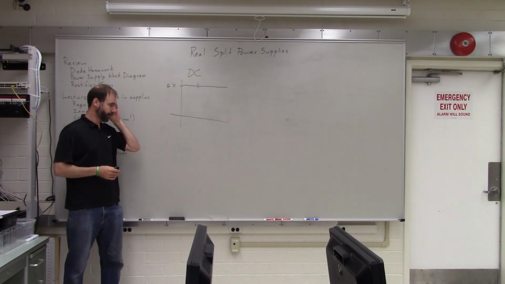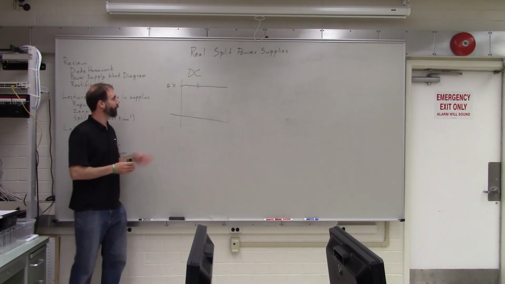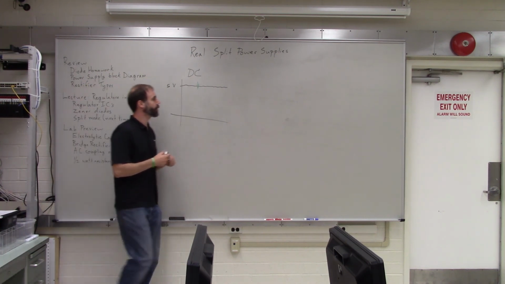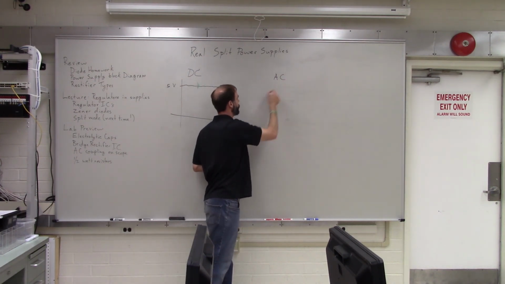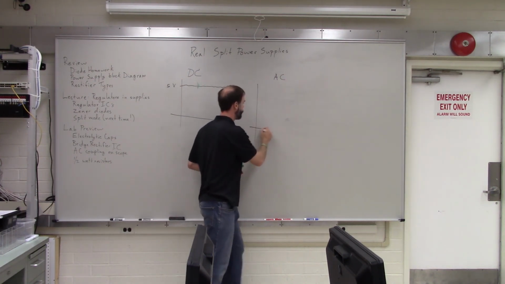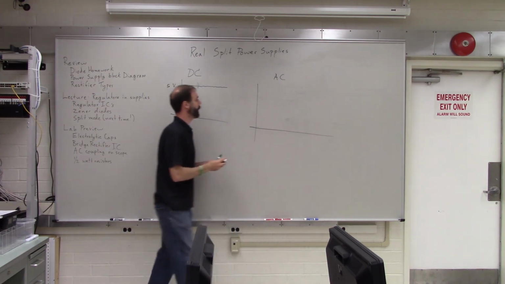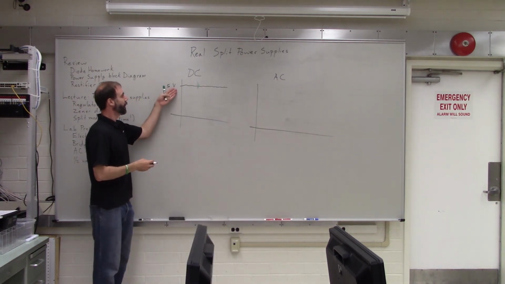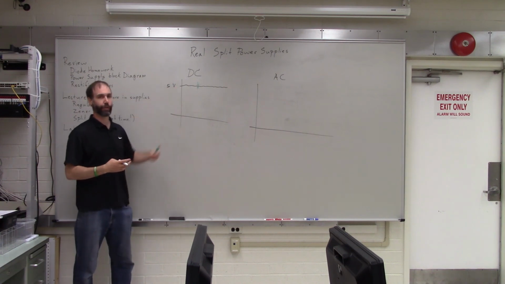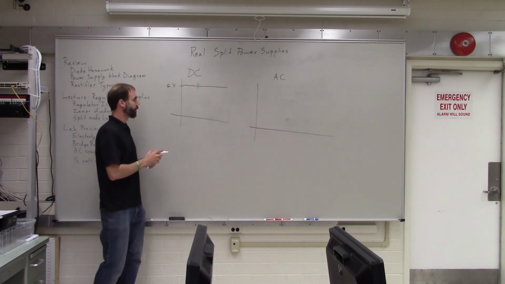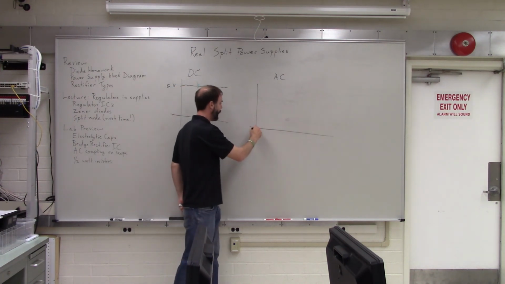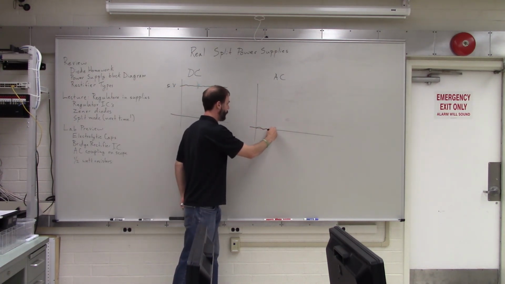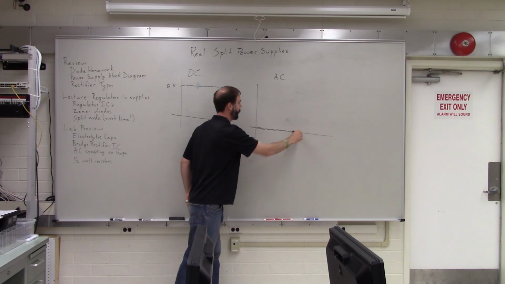So instead of DC coupling, we can use something called AC coupling. AC coupling takes the signal and gets rid of the average voltage. So you have the same signal, it has the same shape, but now it's centered right here around 0.